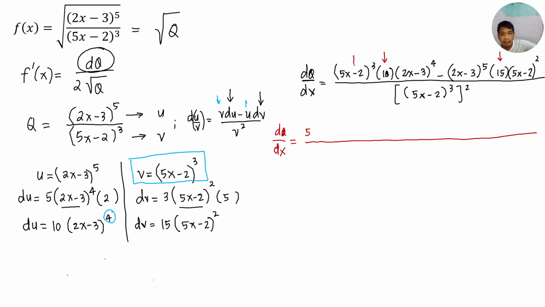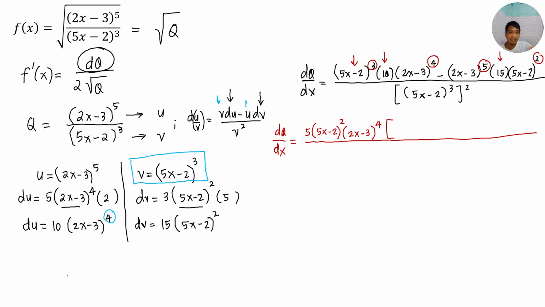For 5x minus 2, we have the exponent 3 and the exponent 2, so I will choose the smaller exponent, 5x minus 2 squared. Then we have 2x minus 3 to the 4th and 2x minus 3 to the 5, and I will choose the smaller exponent, 2x minus 3 to the 4th.